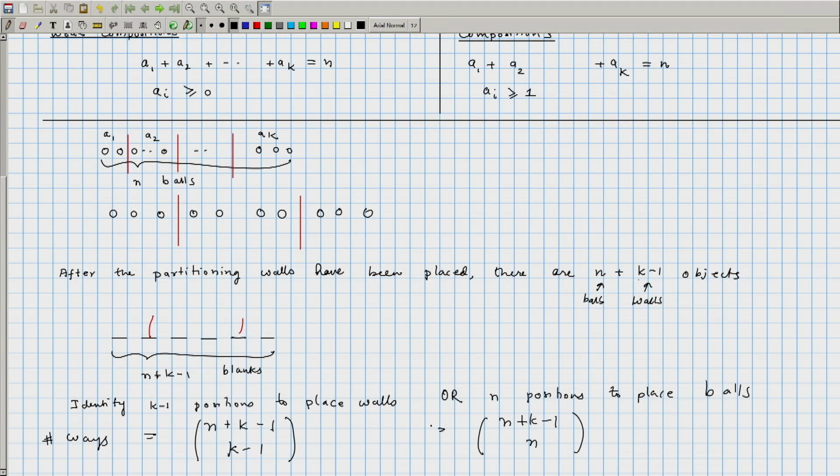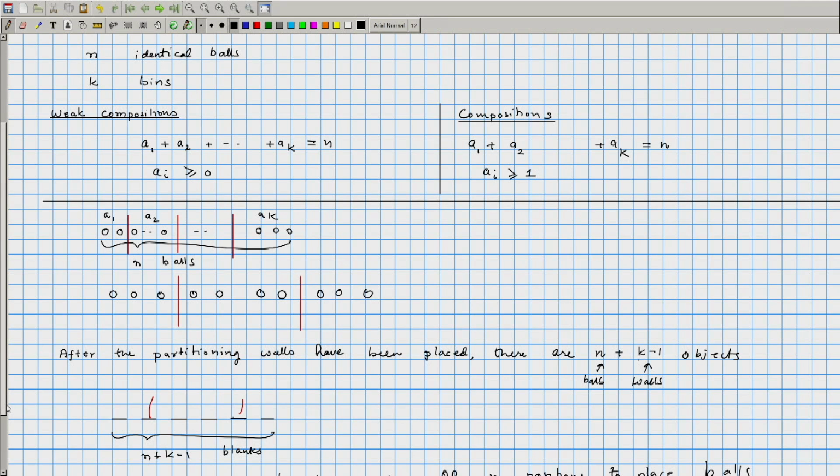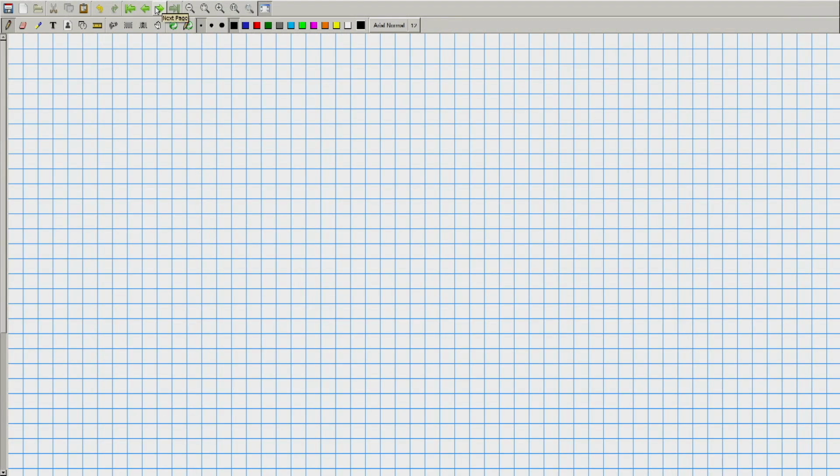These quantities are equal. So, the number of weak compositions of n into k parts is n plus k minus 1 choose k minus 1. So, we can write this as a theorem.